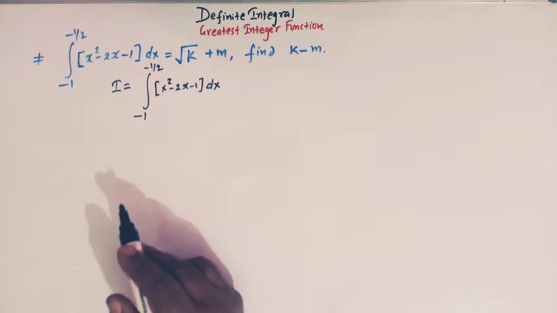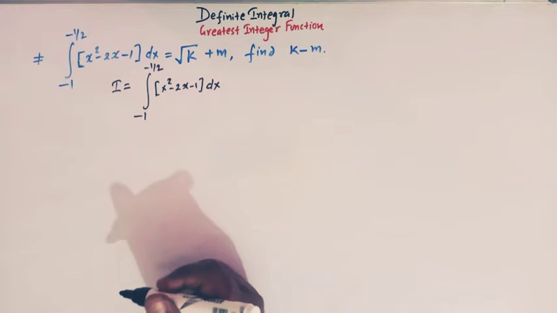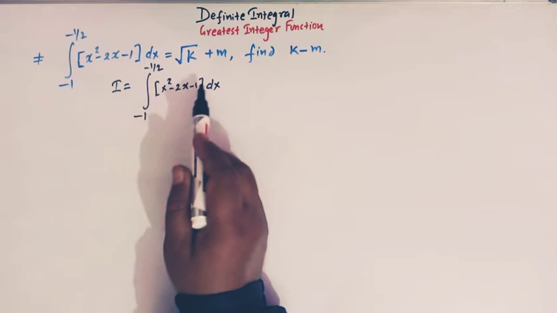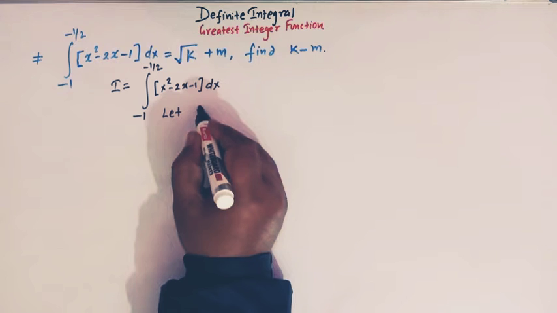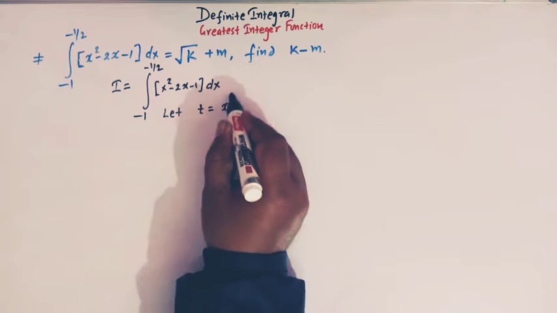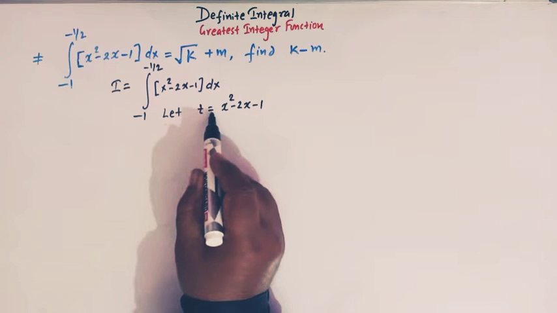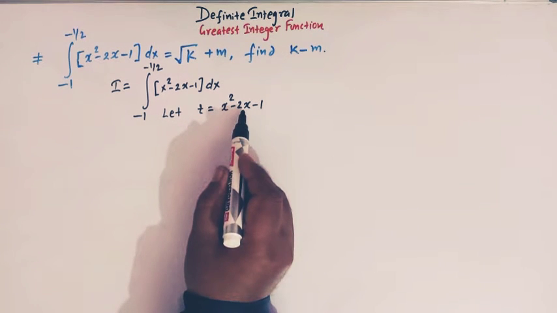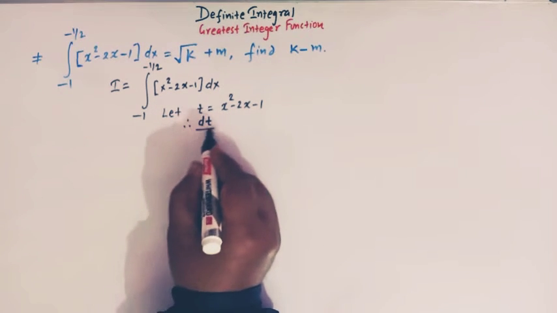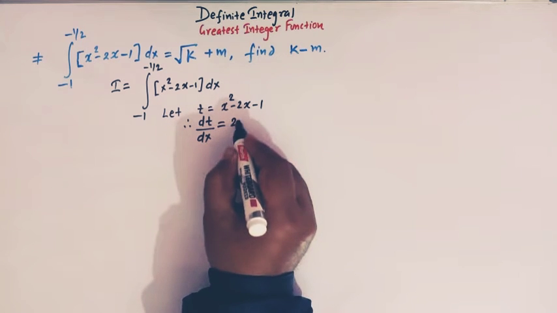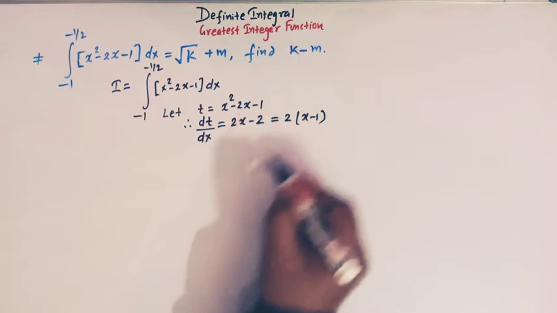So viewers, integration by substitution is an important and powerful tool to solve integrals. Here let us substitute t equal to x square minus 2x minus 1. Differentiating both sides with respect to x, dt over dx is 2x minus 2, which is 2 times x minus 1.